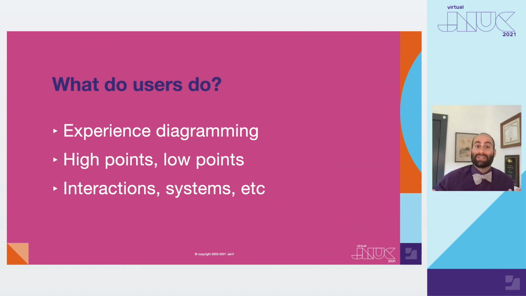This can be an experience of a minute, or an experience of several years. What is this journey from your arbitrarily decided beginning and endpoints? How are these people traveling? You're curious about the high points and the low points. You want to know, when are these people happy and when are they not happy? You care about what systems, interactions, people, places, and things they're dealing with. All of that can be relevant as you're journey mapping.